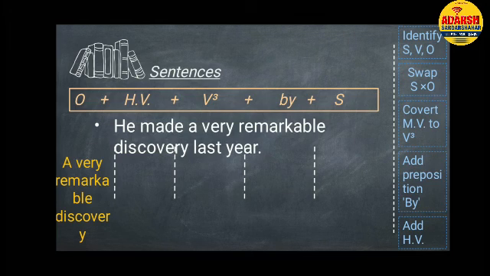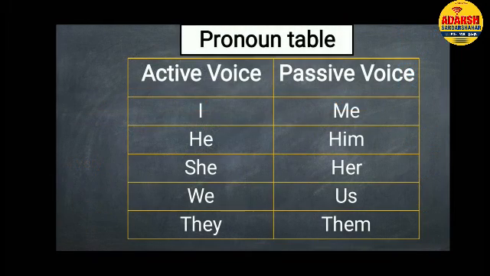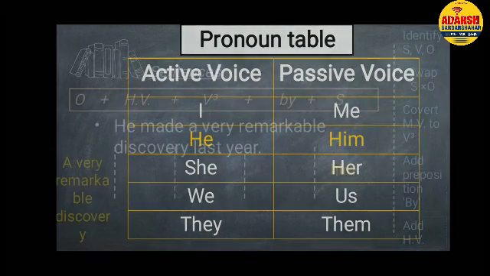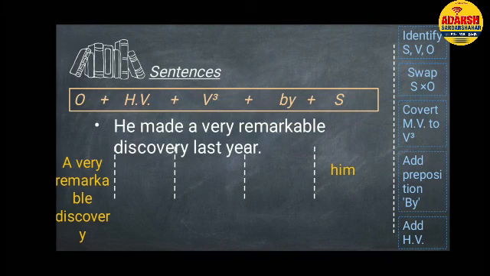Before doing this, you can see here that our subject is a pronoun, and I told you that if our subject is a pronoun, then conversion will be like I as me, he as him, she as her, we as us, they as them. Here our subject is he, so it will turn into him. So here we put him in the place of our object. While we are changing subject to object, we change its subjective form to objective form. To understand it better, check my pronoun video.